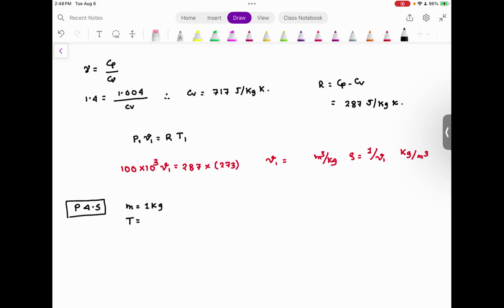Temperature is 150 degrees C. Volume is 0.2 meter cube. The gas undergoes a fully restricted constant pressure expansion without friction. The final volume, so V1 is this, T1 is this, V2 is 0.36.